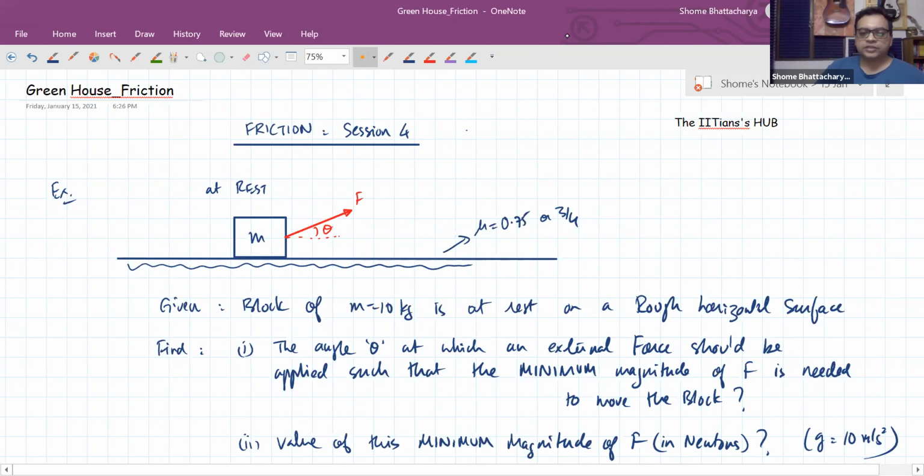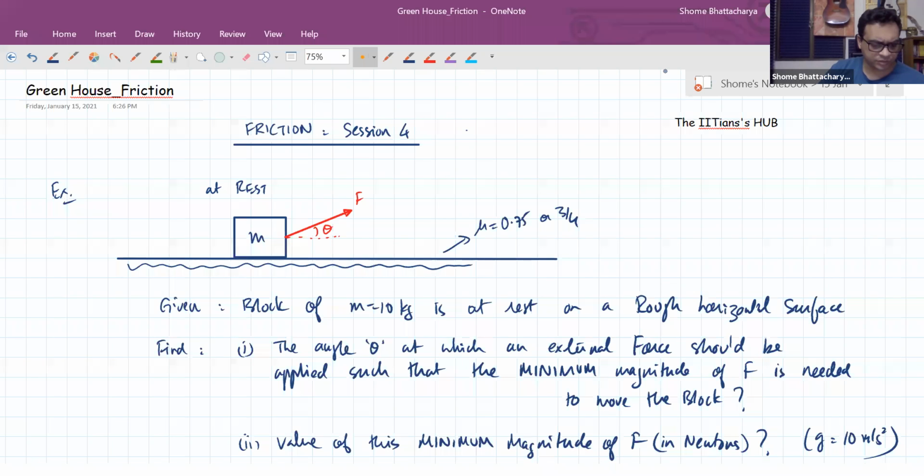So take down the question first. I will explain what exactly has to be done over here. There, the force we were applying was a horizontal force.